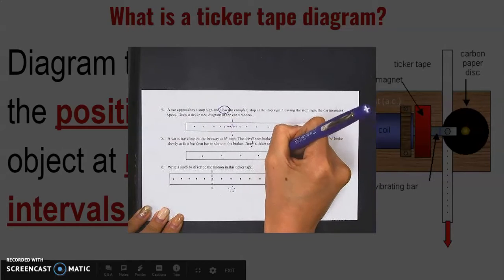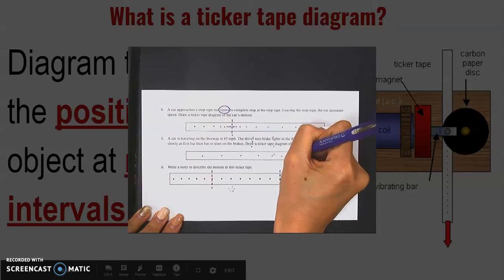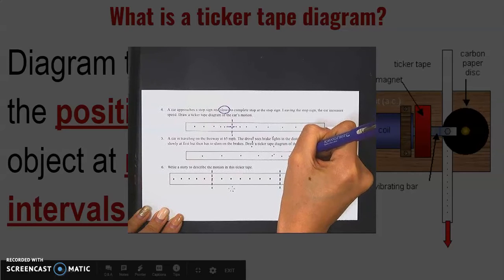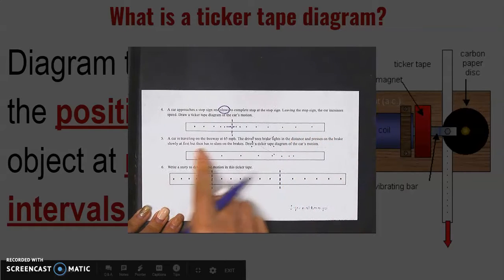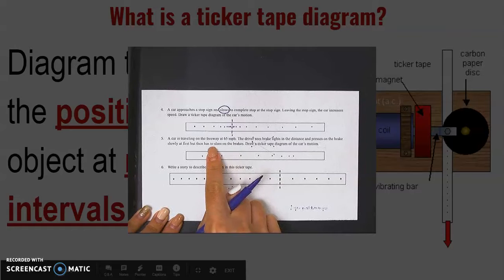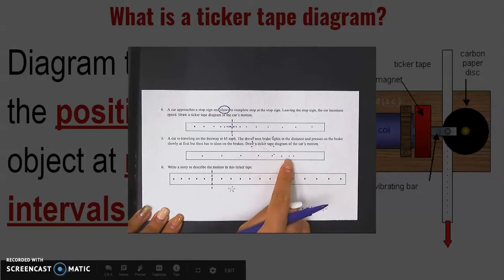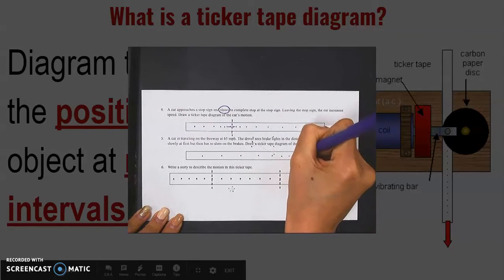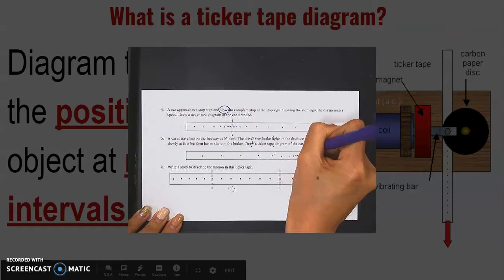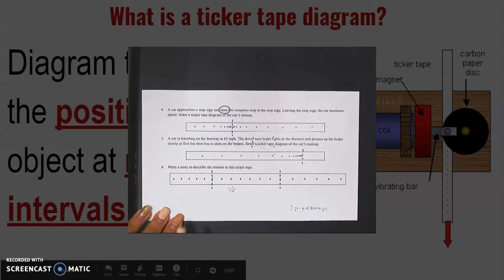So initially, the distance between the dots doesn't close too quickly, but then he has to slam on the brakes. So in that case, we're rapidly changing from a far distance to a smaller distance. So here's a slam on the brakes. And then there's a stop.